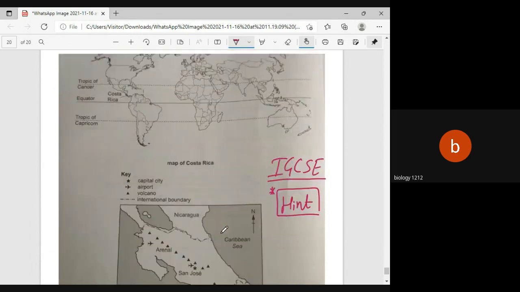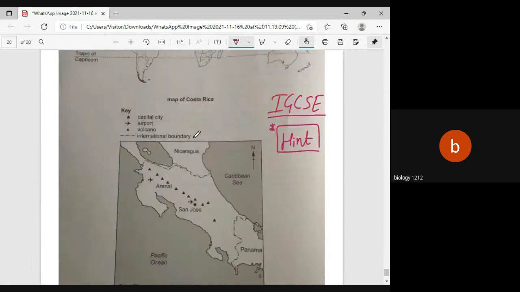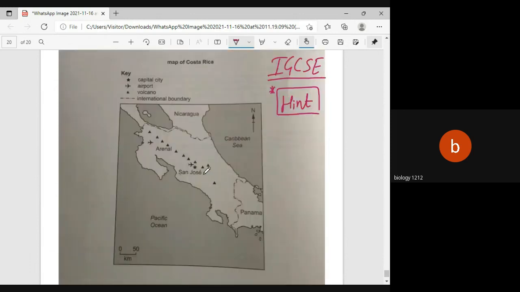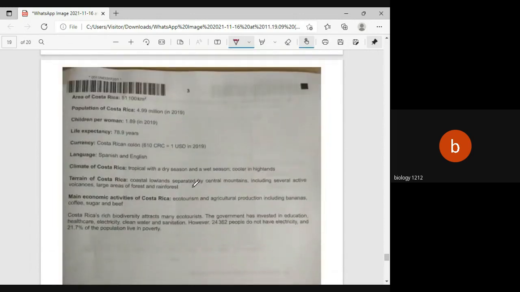Now they have given you the world map showing the location of Costa Rica. On Costa Rica, they have shown the keys here: capital city, airport, volcano, and international boundary. The area and population of Costa Rica are given here. Whenever you get a keyword, remember these are things you need to find out.